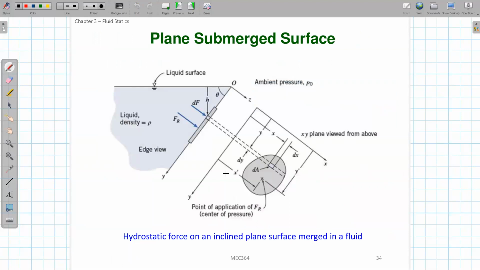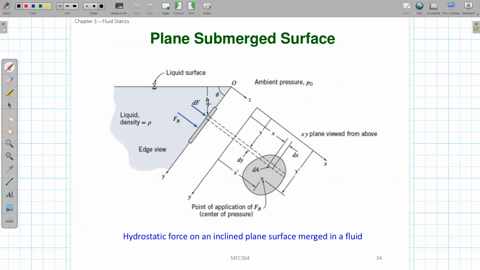So let's make the problem a little bit more general. Now let's assume that this plate is not vertical. Let's assume that it is placed into this liquid at an angle, and this angle is theta.